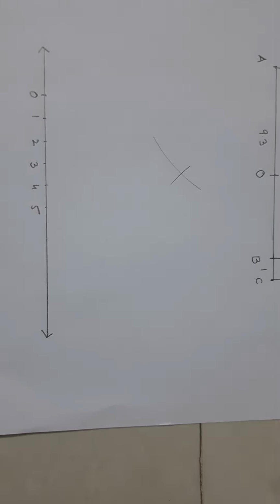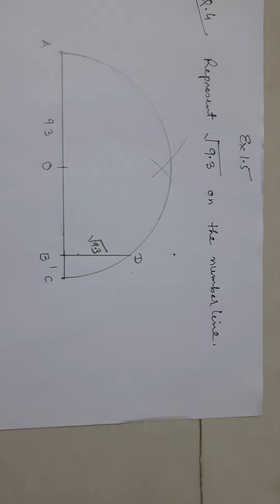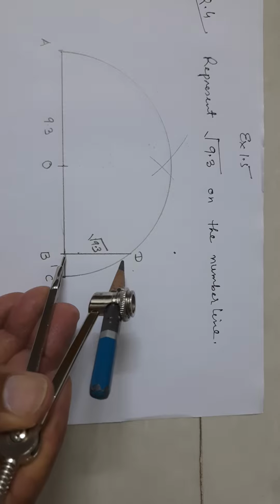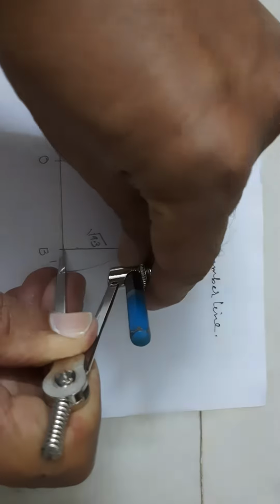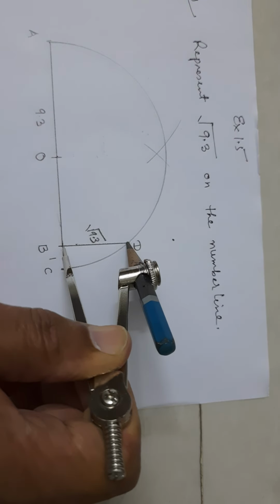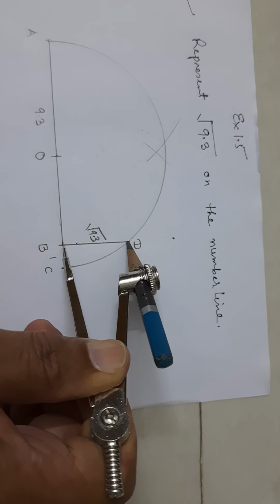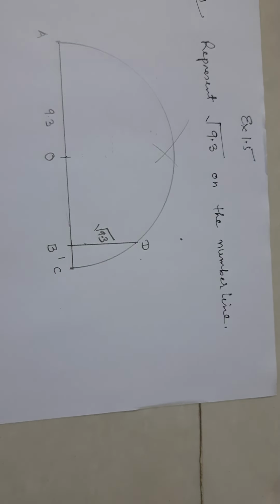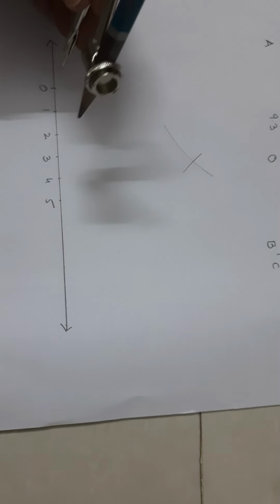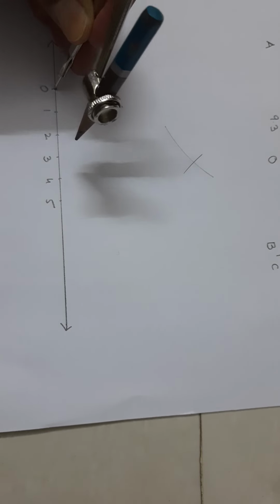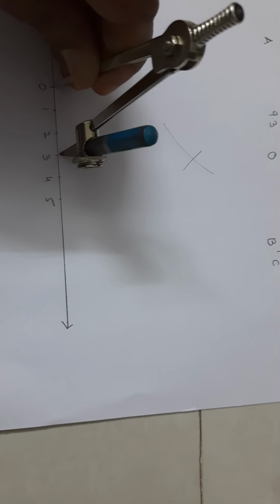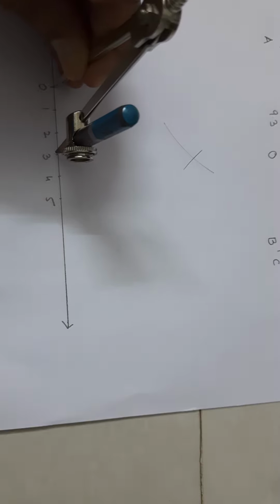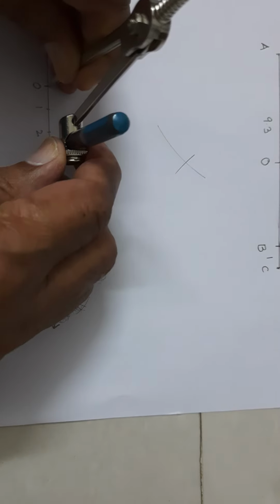Now I will take the length of root 9.3 with the help of a compass. So I measure this BD. Look, this is BD. Now that BD I am going to mark on the number line, from 0.